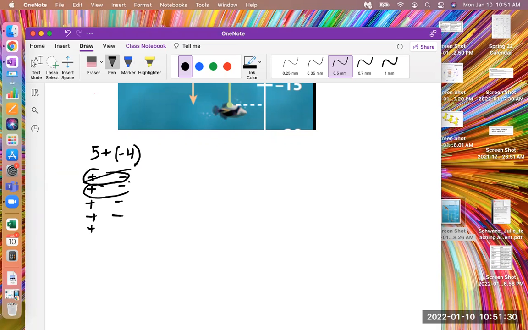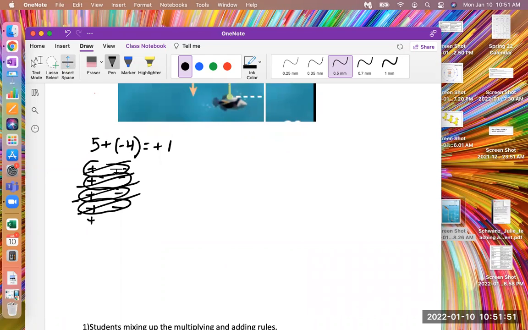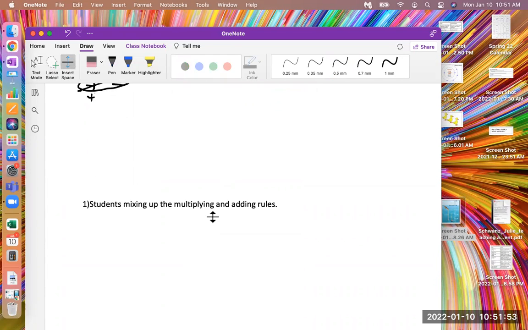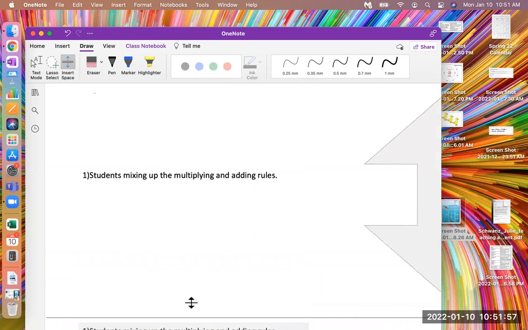So those cancel each other out, those cancel each other out, those cancel each other out, and those cancel each other out. What we're left with is 1 positive, and so the answer here is +1. Okay, so what I'd like you to do is pause to do several problems like that.